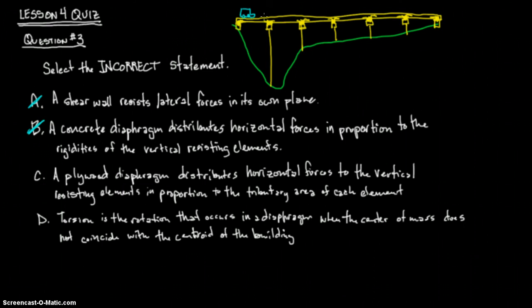You have braking and traction forces, and when that car stops, it's going to transfer that momentum and force down to the superstructure, and that's going to go down to these individual bents. This is end bent 1, this is bent 2, bent 3, bent 4, bent 5, bent 6, and let's call it end bent 7.